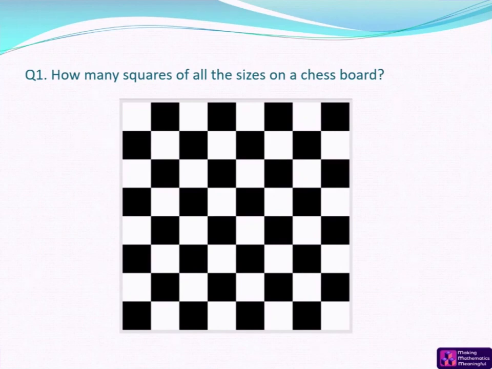Coming back to my original questions: how many squares of all sizes on a chessboard? Now in the comment box, I am expecting your responses. For question number 1, you may simply write down question number 1 and the answer.